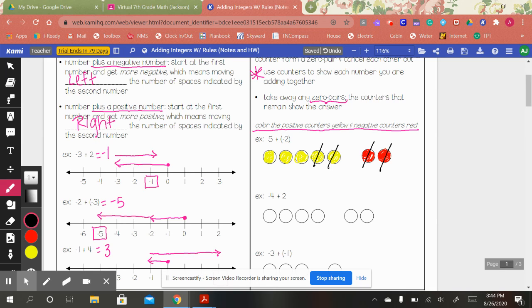And so then I am left with +3. I know they're positive because they're yellow. And I'm going to go ahead and label those so I don't get confused. Those are my 0 pairs.